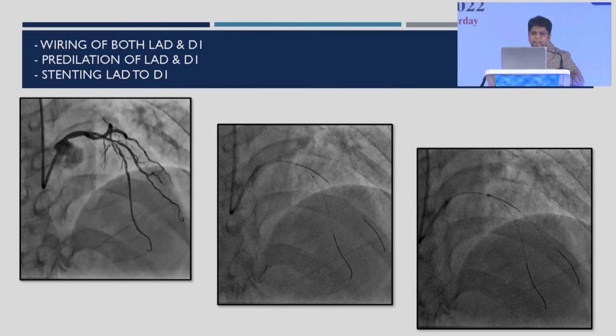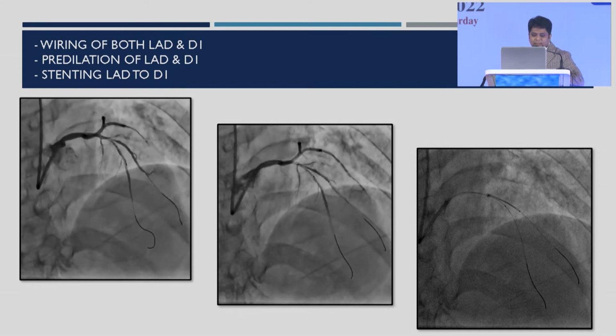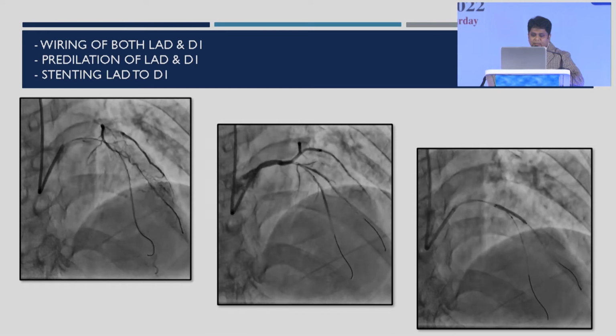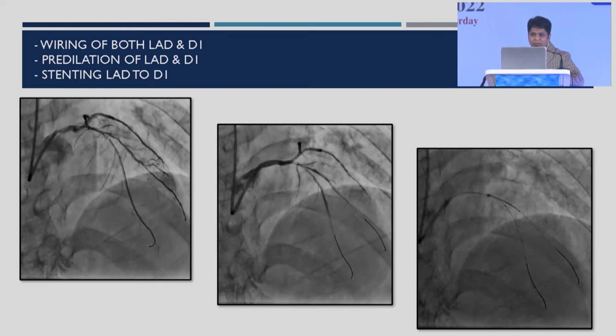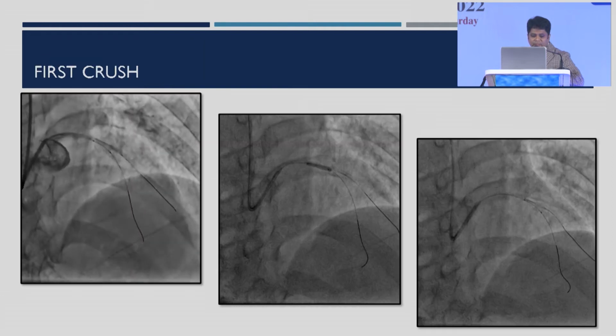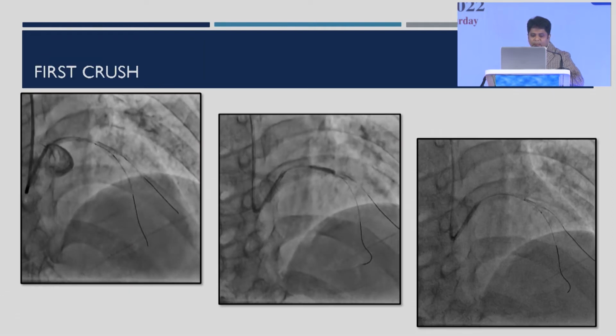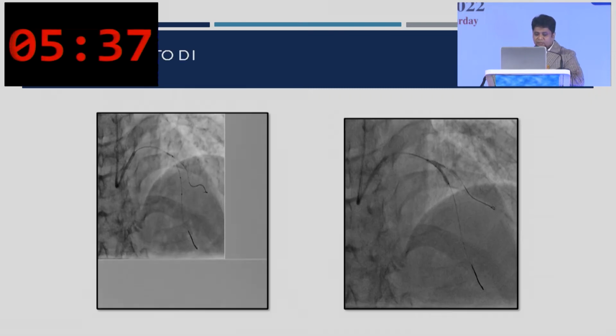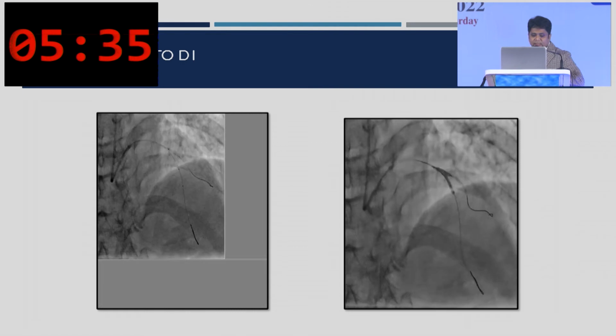We followed all the steps. We wired the LAD and the D1, and we pre-dilated the lesion in the D1. We put a stent from D1 to the main vessel LAD. Then the first crush was done, and then we rewired to D1, and we did the first kiss.